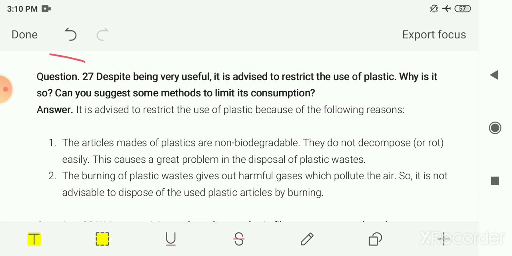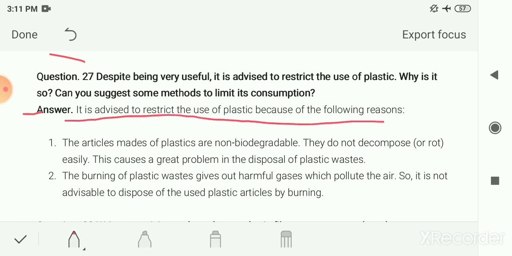Next question is, despite being very useful, it is advised to restrict the use of plastic. Why is it so? And can you suggest some methods to limit its consumption? How can we limit the use of plastic? So it is advised to restrict the use of plastic because of the following reason.